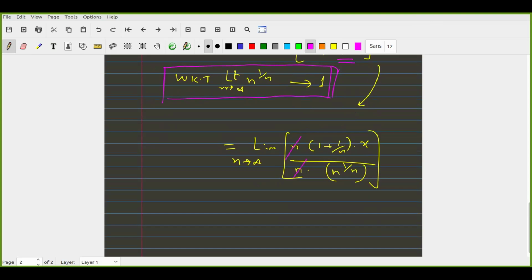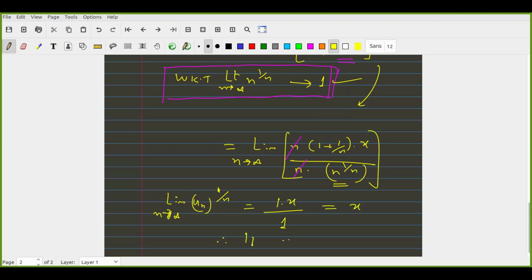As n tends to infinity, 1 by infinity tends to 0. So we have 1 times x in the numerator. This n power 1 by n is 1, as I said. So it's just 1. So my limit of un power 1 by n as n tends to infinity, as prescribed by Cauchy's nth root test, turns out to be just x.